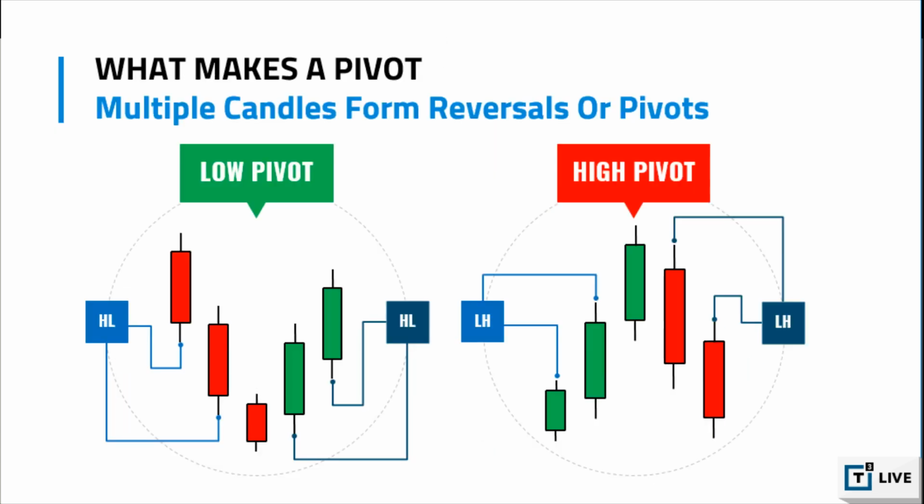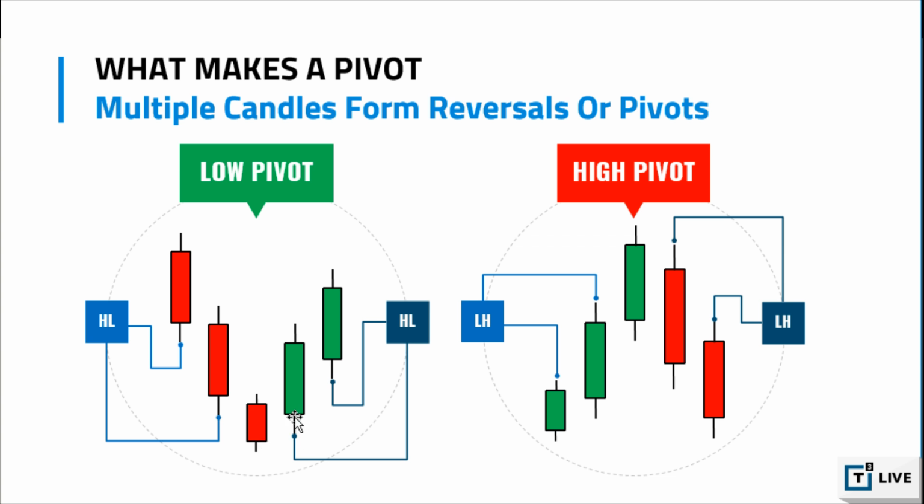Now, we talked about reversals because reversals are how pivots form. A low pivot is an indication that buyers took back the control. Sellers were in control, that's why we got red bars, and now the buyers are in control, right? A low pivot forms whenever you have a higher low on either side of a candle.